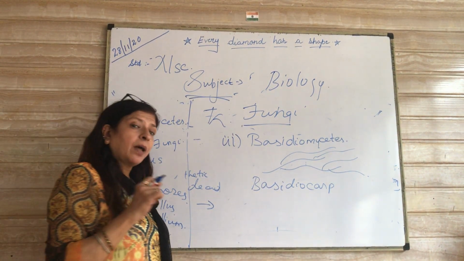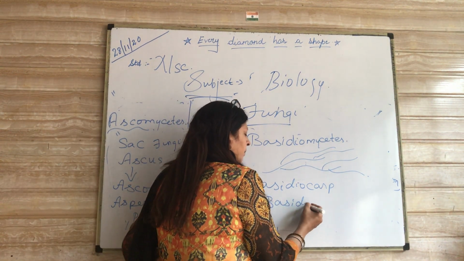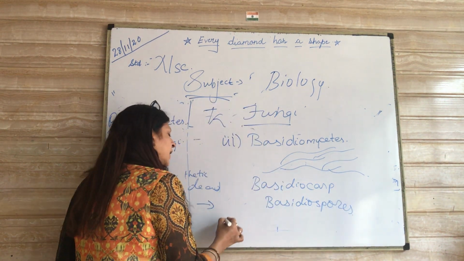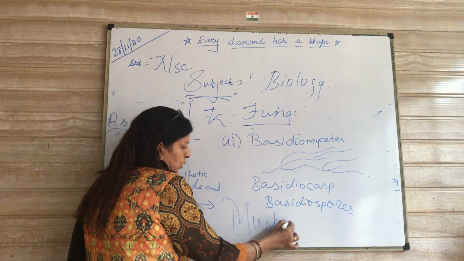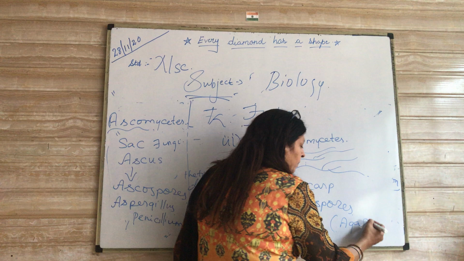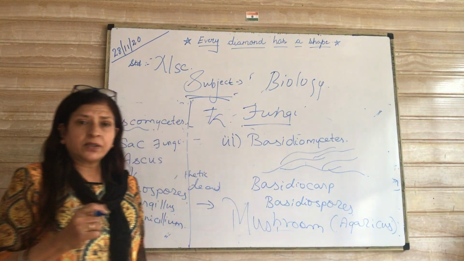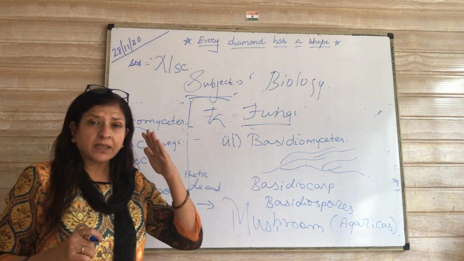This basidiocarp stores basidiospores. A very excellent example which you know very well, which you eat also, is the edible mushroom, which we scientifically call Agaricus. Right? This was about Basidiomycetes.